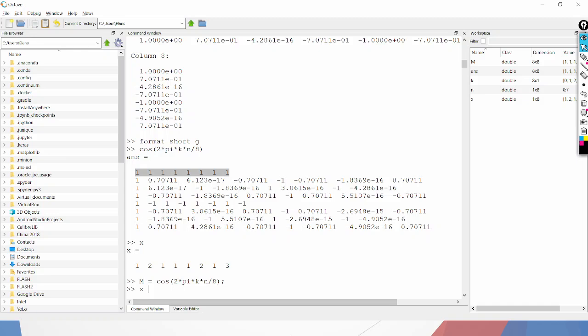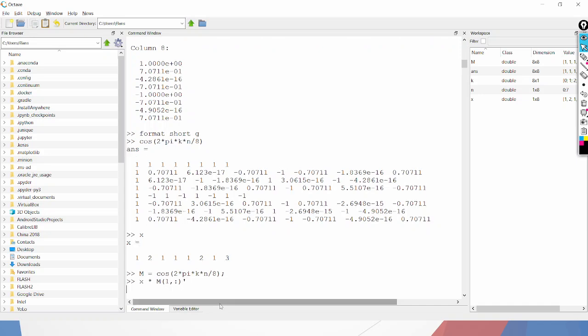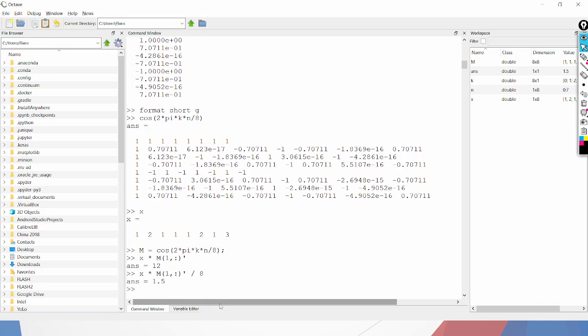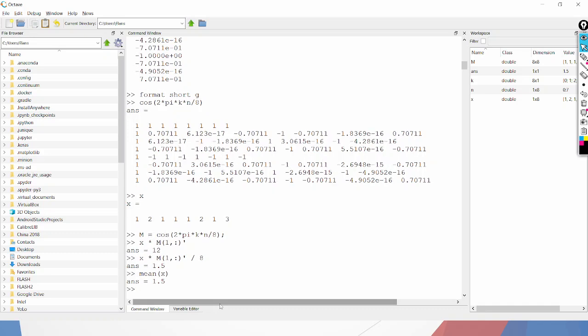That's going to be the average. Let's find out if this is the average or not. So X multiplied by M first row and all columns, transposed, because I want this to be a column, and over 8 also, I forgot, divided by 8. So the answer is 1.5. If I calculate the mean of X, it's also 1.5. So that's physically the idea that the C component is the average of the signal, yes?